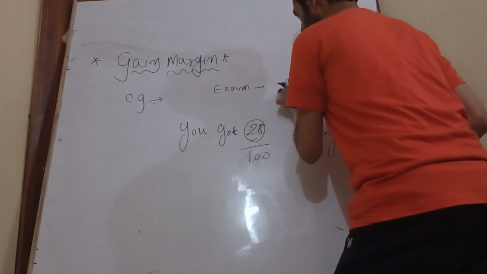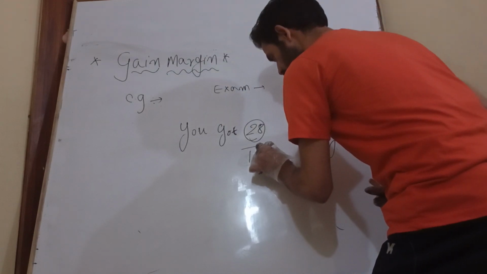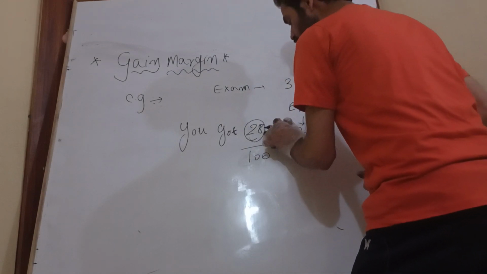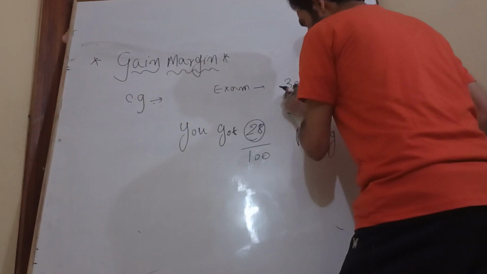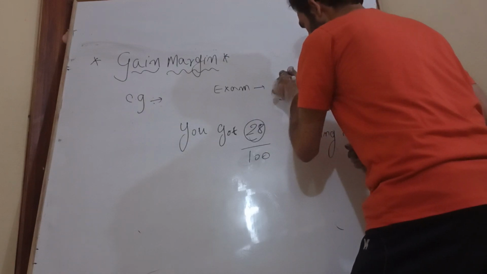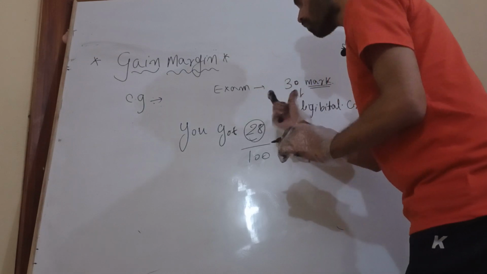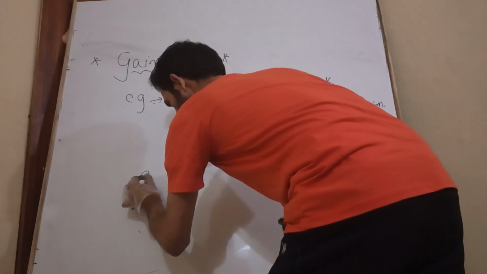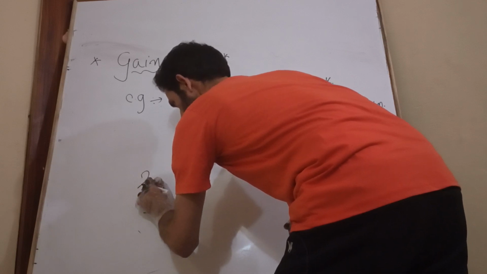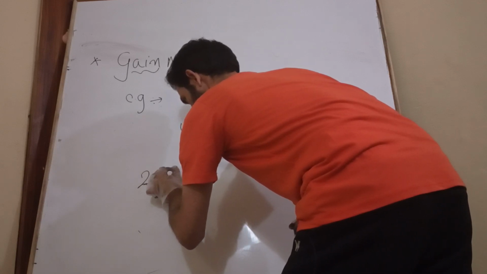But the passing marks are 30. So you got 28. How much far away are you from this 30? Two marks. Yes, two marks left.